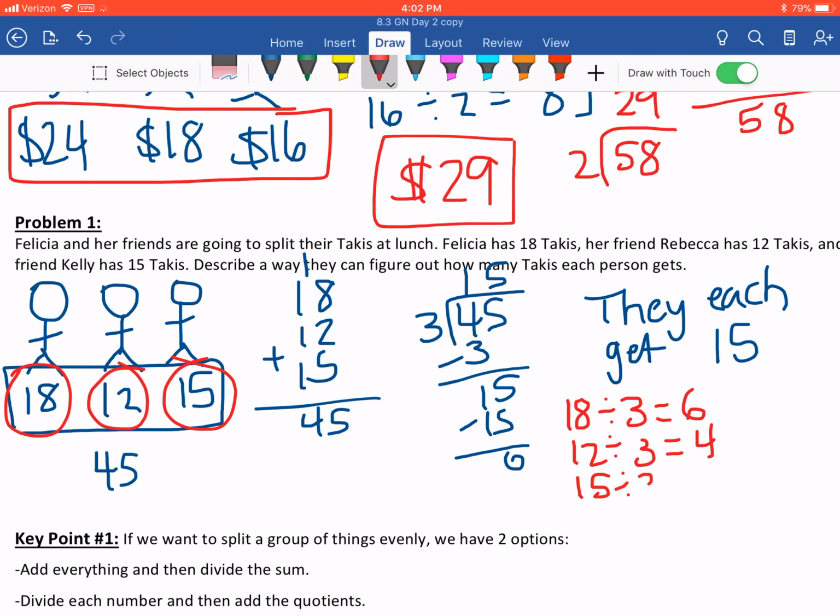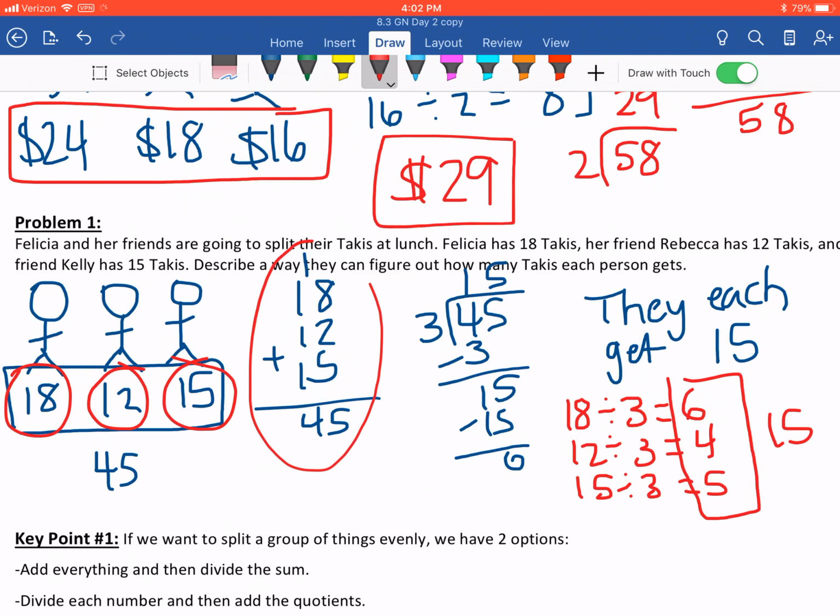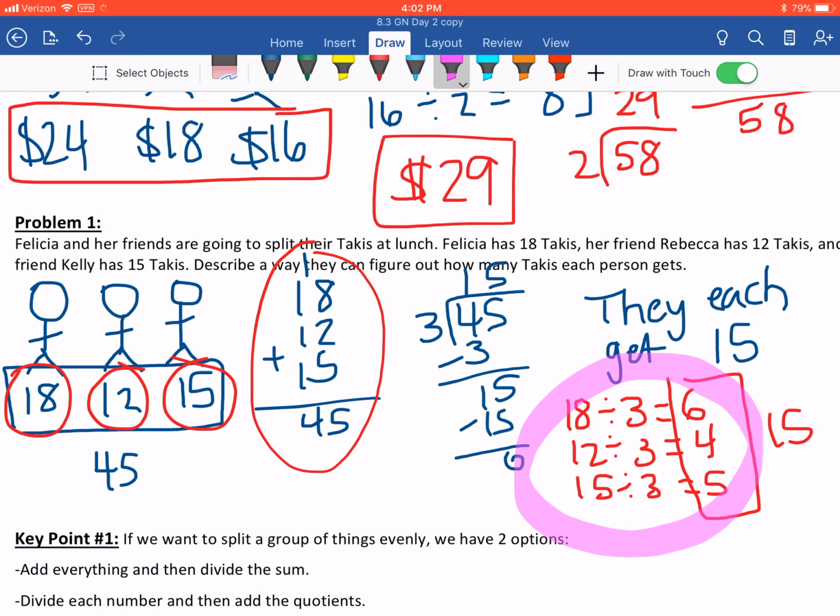And 15 divided by 3 gives me 5. Now notice if I add all these up, 6 plus 4 plus 5 also equals 15. So it didn't matter if I added them all up first, like here, and then divided, or if I divided them all first, like here, divided them all and then added, right?